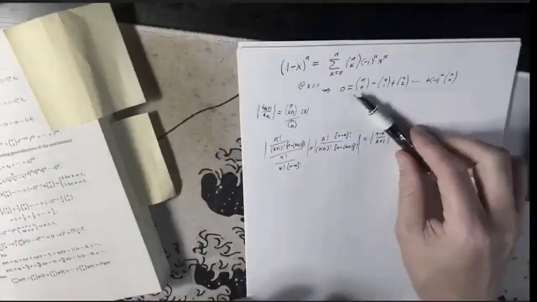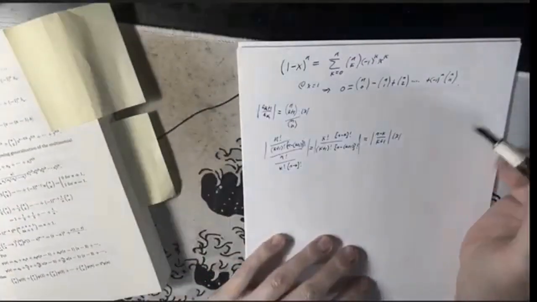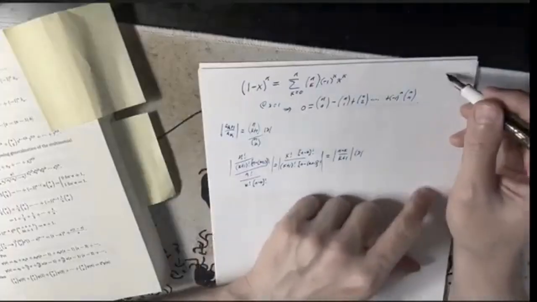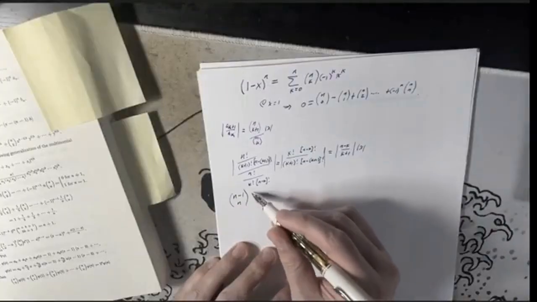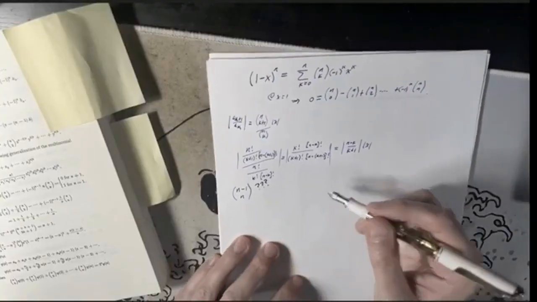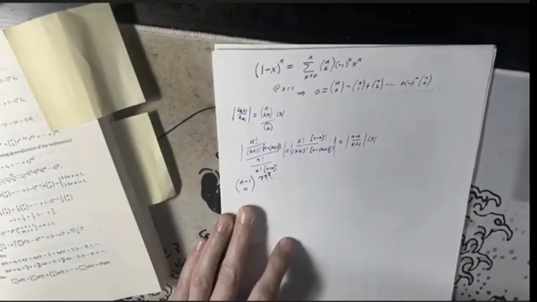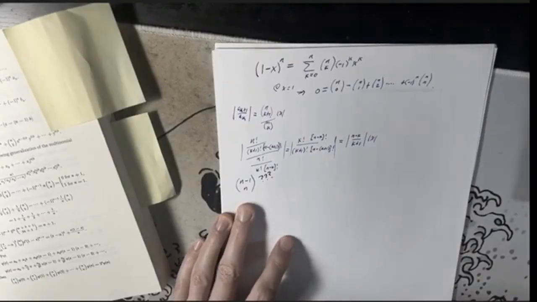Because if you let r equal n here, if you let r equal n on the right hand side, you get something like n minus 1 choose n, which I presume is supposed to be 0, right?